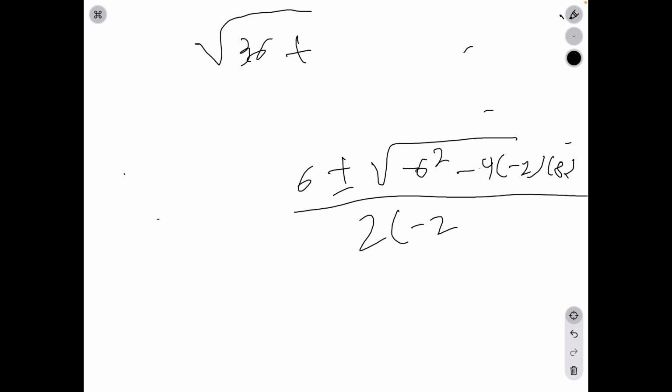So it'll be positive 8 times 8, which is 64. Then, let's simplify it even more. This is equal to 100. So the square root number will be 100.